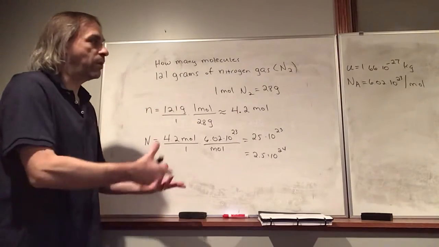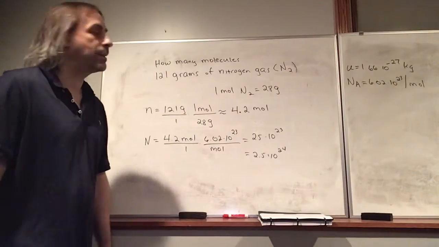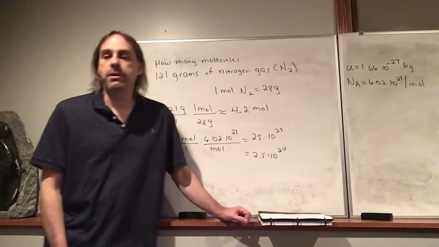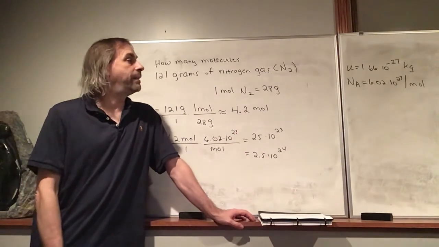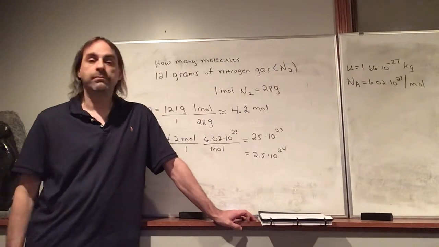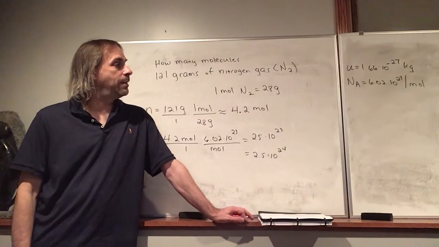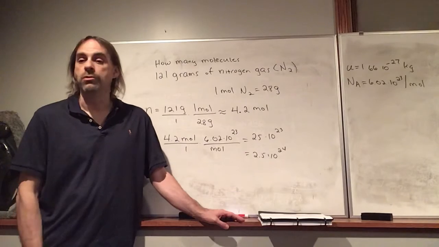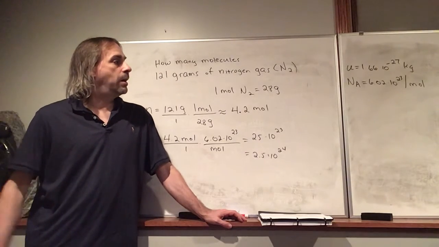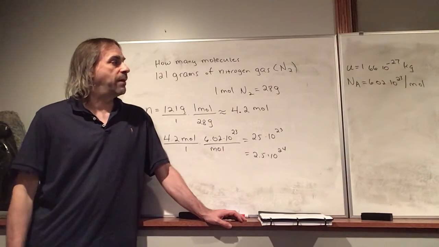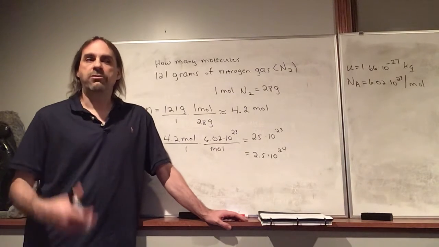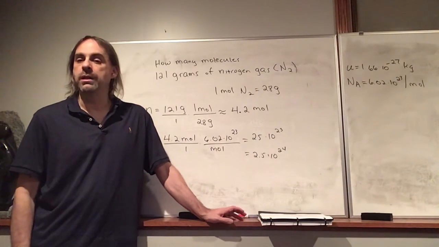If you have a sample of something, it could be anything in the periodic table, just an element, or you can make molecules. Then just find out how many atoms or how many moles there are. It's kind of a fun problem you can do. Try to figure out how many atoms there are in the universe.